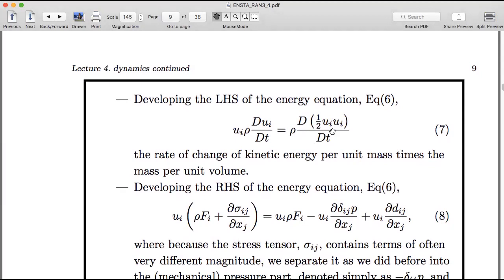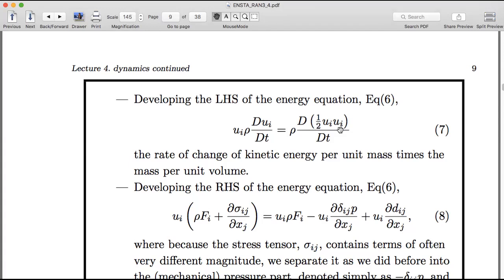But then you can look at that and say, well, 1/2 the velocity squared is the kinetic energy just from classical mechanics, right?